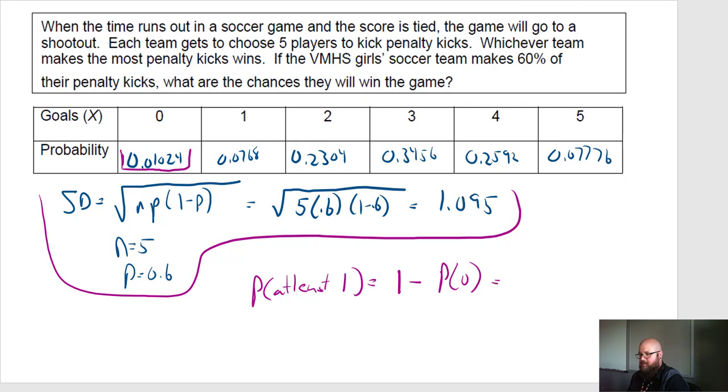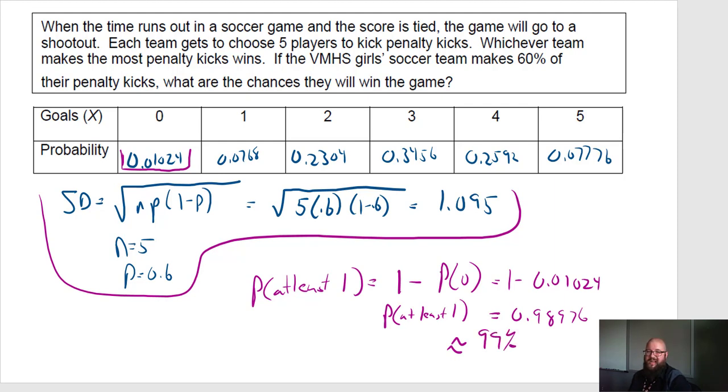And that gives us 1 minus 0.01024. The probability of at least 1 is equal to 0.98976, which is equivalent to 99%. So 99% of the time, we'll score at least 1 goal.